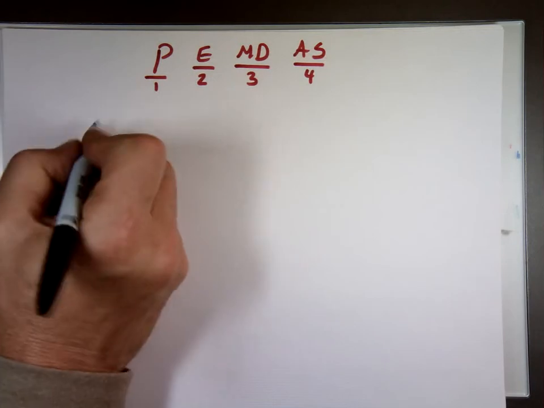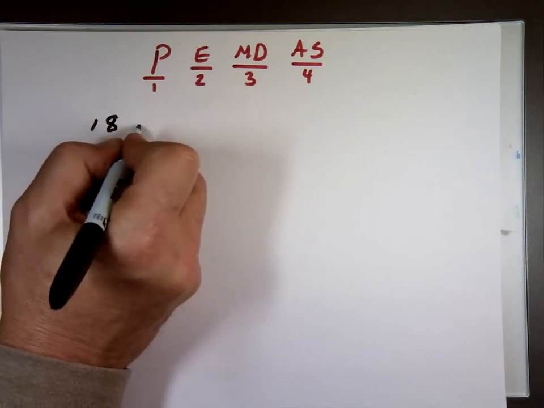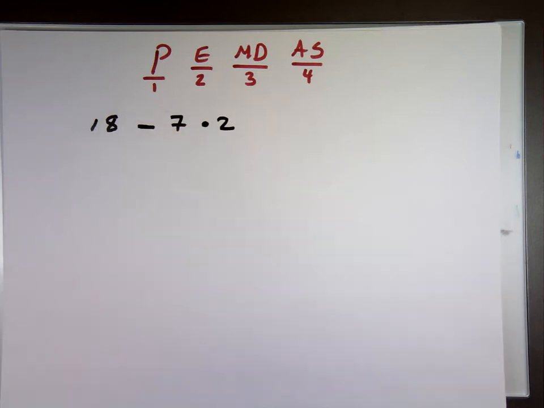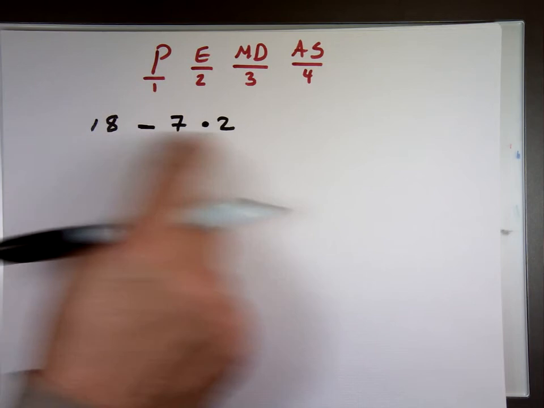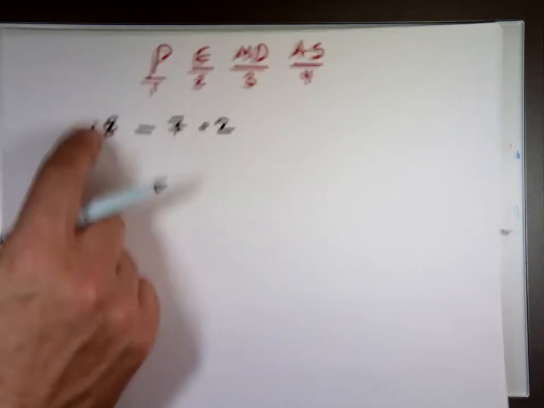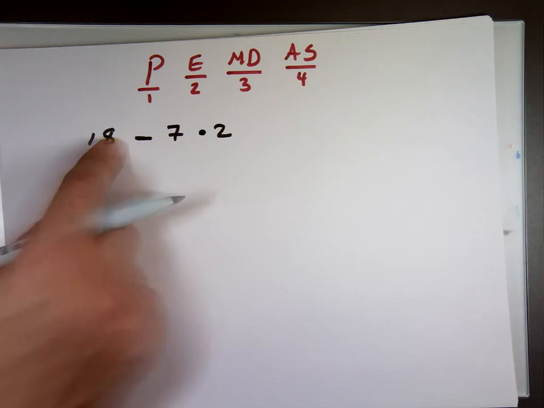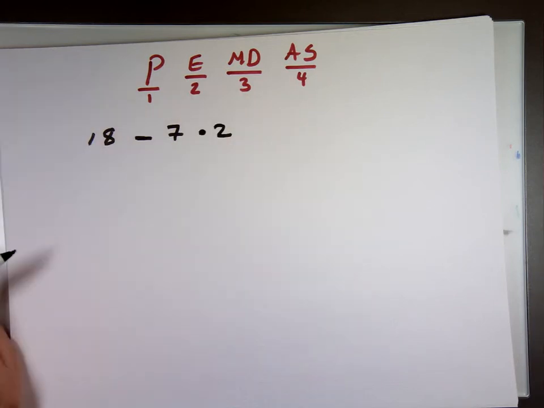So if I have 18 minus 7 times 2, do I have parentheses here? No. Okay, step 2, do we have exponents? No. Step 3, do we have multiplication or division? Yes.